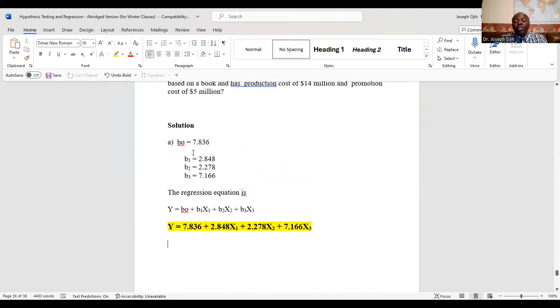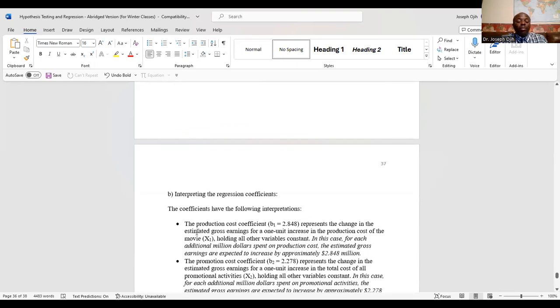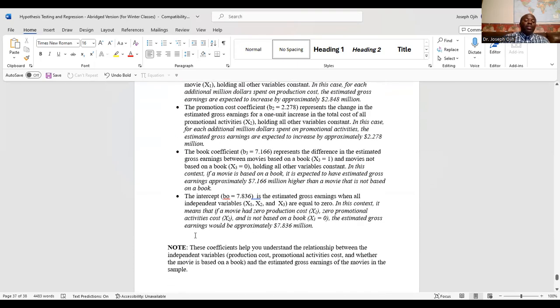Now, for the intercept, B0, I mean to say, is 7.836. What does that mean? Since it is the intercept, it is the estimated gross earning when all the independent variables, x1, x2, x3, are set to 0. That means no production cost, no promotion cost, and the movie is not based on a book.